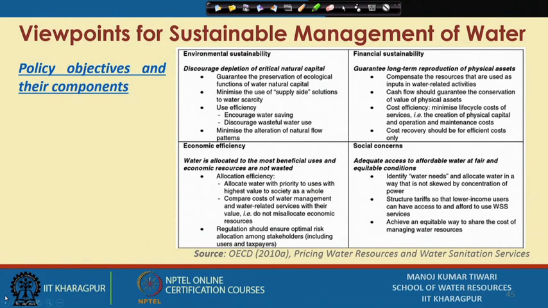From the society point of view, one needs to identify the different water needs of the society and allocate water in a way which is not skewed by the concentration of power. That means it talks about equitable distribution.